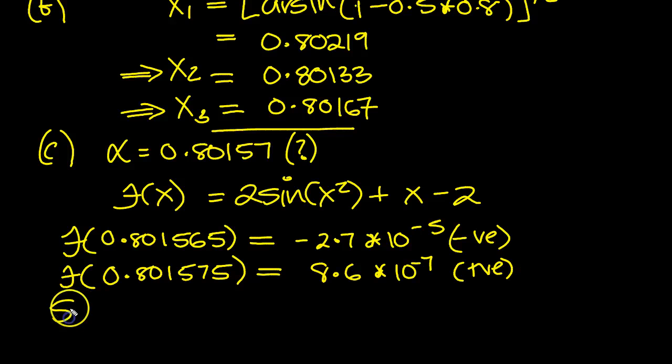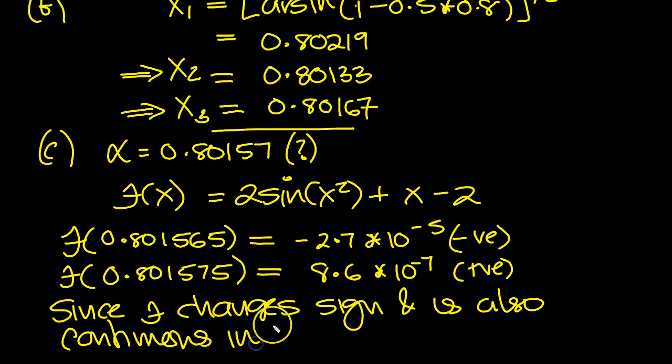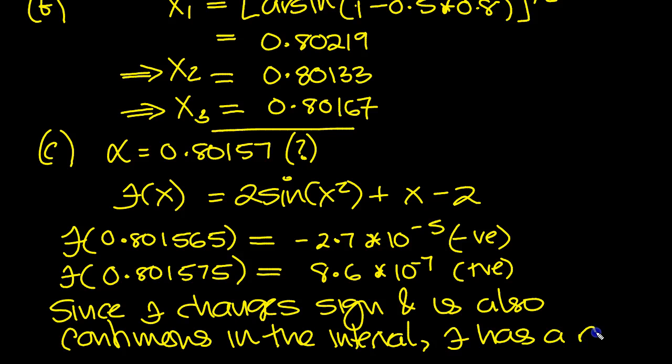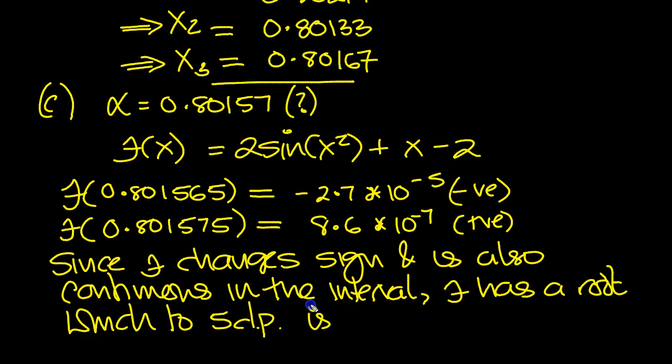So since f changes sign and is also continuous in this interval, f has a root, which to 5 dp then is 0.80156 if you rounded this number.